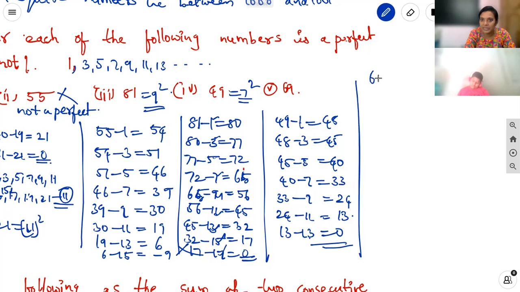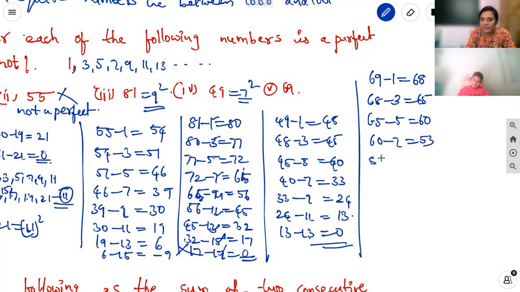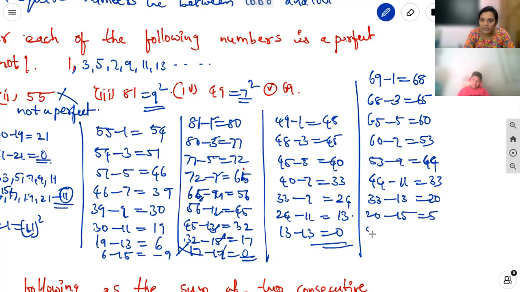Next, check it for 69. 69 minus 1 is 68. 68 minus 3 is 65. 65 minus 5 is 60. 60 minus 7 is 53. 53 minus 9 is 44. 44 minus 11 is 33. 33 minus 13 is 20. 20 minus 15 is 5. 5 minus 17 is minus 12.